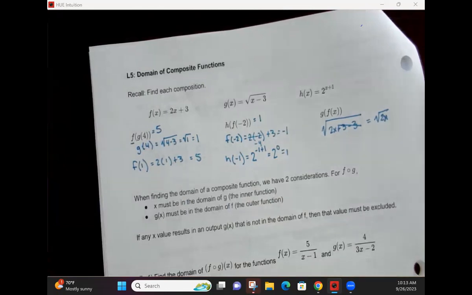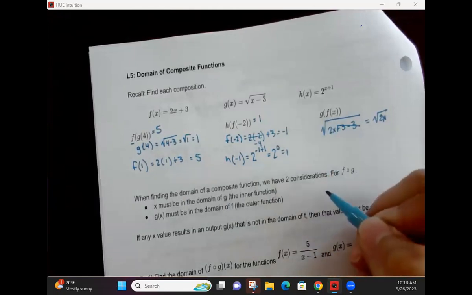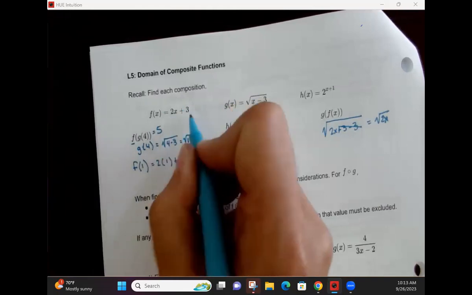Okay, composite functions. We remember these? Okay. So if I want to find the domain of a composite function, we need to consider two things. First, I need to consider what is acceptable for the domain of my inner function. So for example, if I take g of f of x, I need to think about what is the domain of f of x.